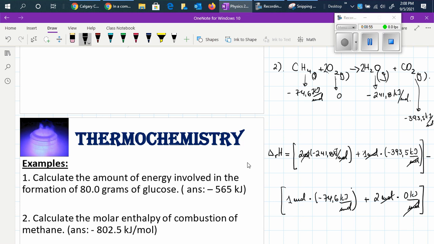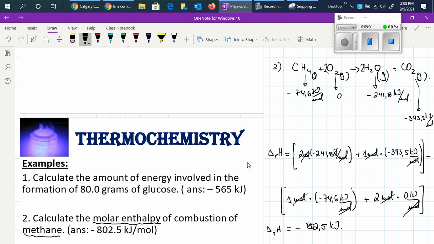So as you see here, everything is in kilojoules. That means that the final answer will be in kilojoules, and the enthalpy of the reaction after you complete the math will be negative 802.5 kilojoules. However, we look at the balanced equation, and we are looking for the molar enthalpy of methane.